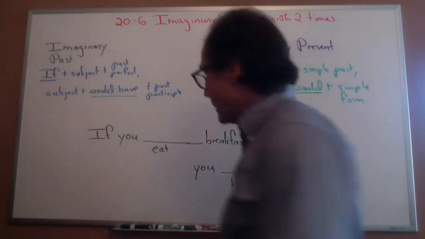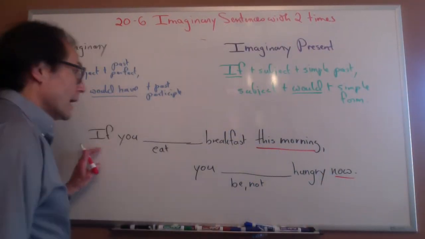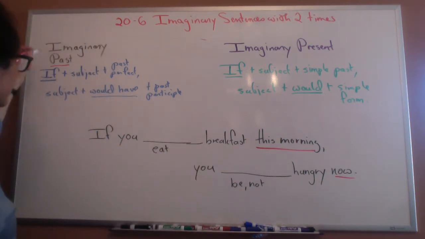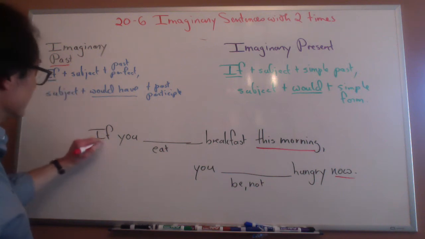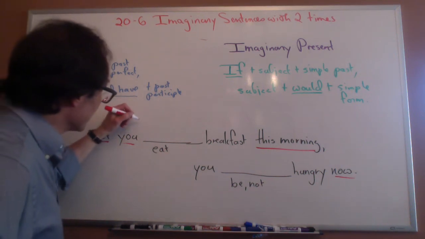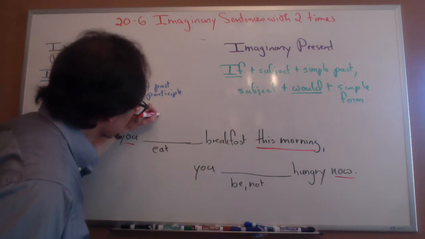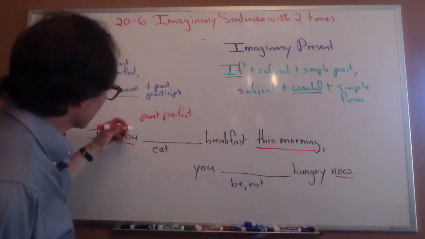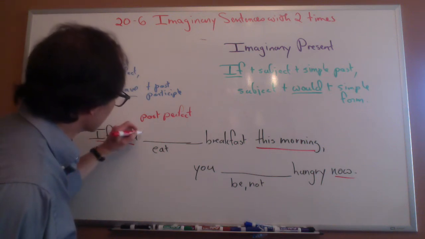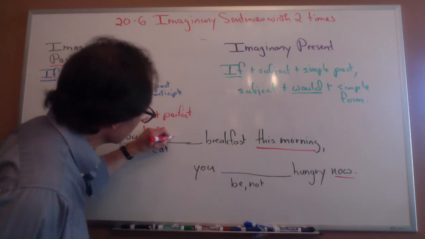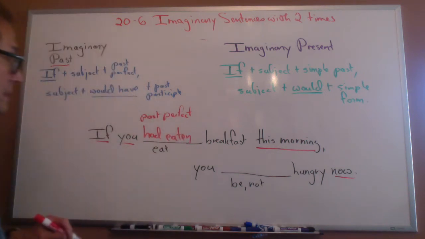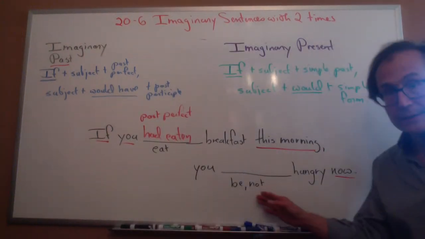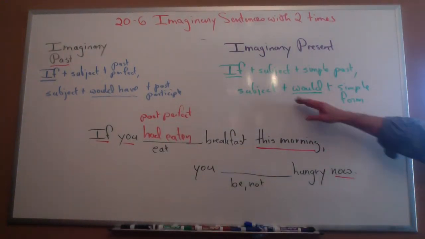Okay, here we go. I look at this first part of the sentence, it's past. So for imaginary past, I'll use if plus subject, and then here I want past perfect. In other words, had and past participle. So I would say, if you had eaten breakfast this morning. And then I look at this part of the sentence, it's present: you blank be not hungry now.